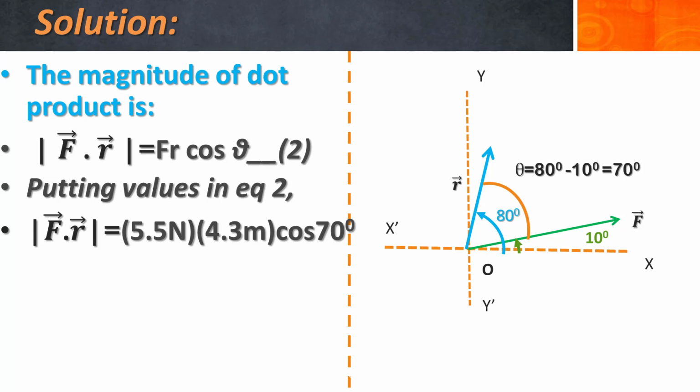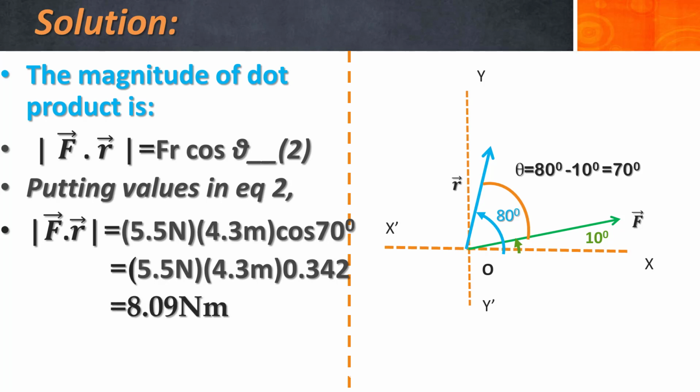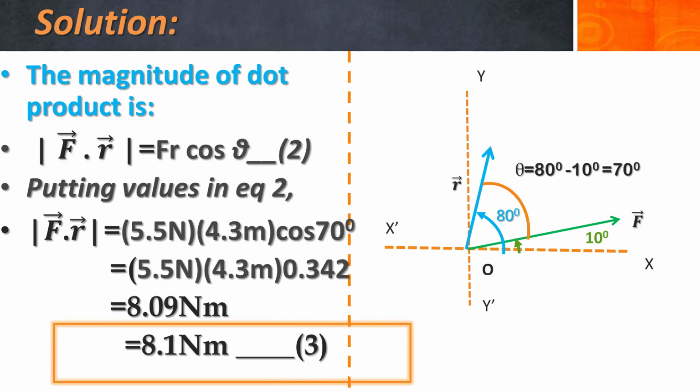Over here we are putting the values with their units. So 5.5 newton into 4.3 meters into 0.342 will give us 8.09 or 8.1 newton meter. This is basically the magnitude of their dot product.